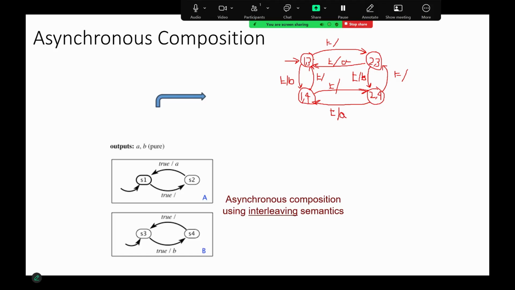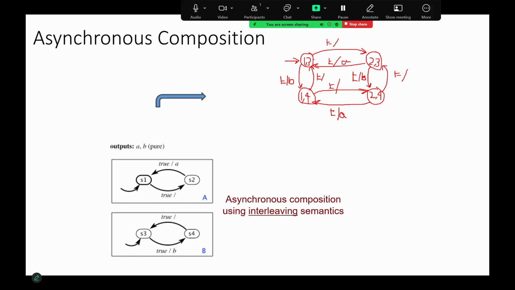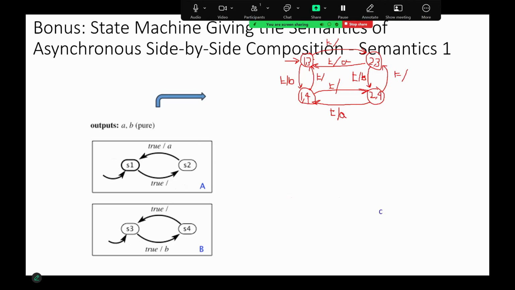Do you want to change anything? Okay, do you agree to this or do you want to change anything? Agree? Okay. Would anyone like to add anything?